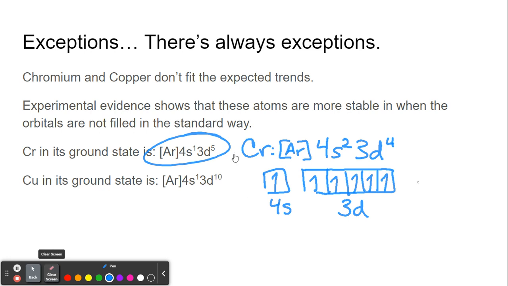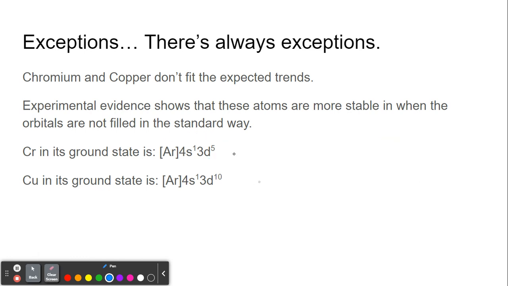Copper, also interesting. If you look at your sheet for copper, you likely wrote argon, 4s2, 3d9.